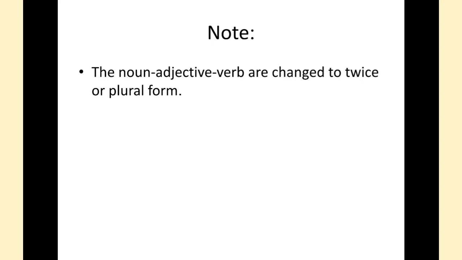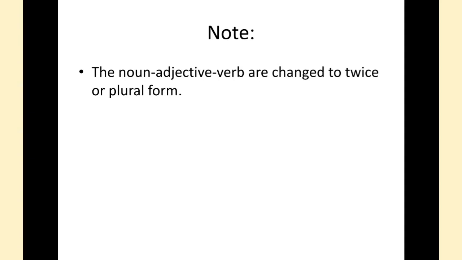You have to know that the noun, adjective, and the verb in the sentence all are changed to the twice or the plural form. What does that mean? It means that if you want to express two persons, you have to change the whole sentence, not only the noun, as we can see in English, for example.